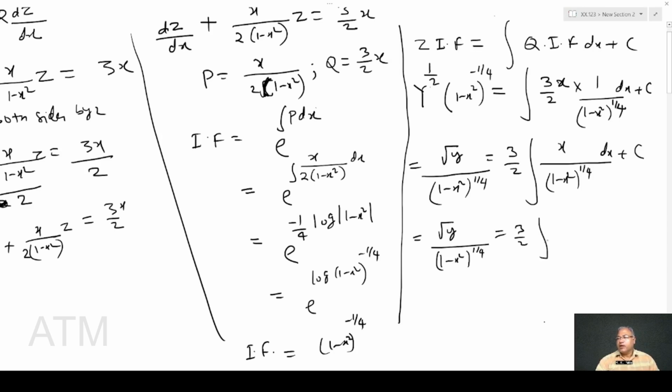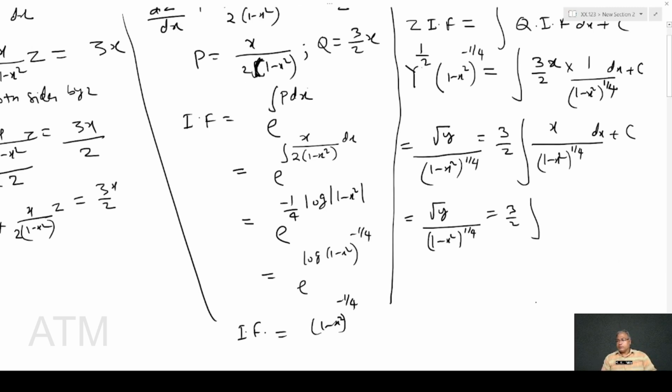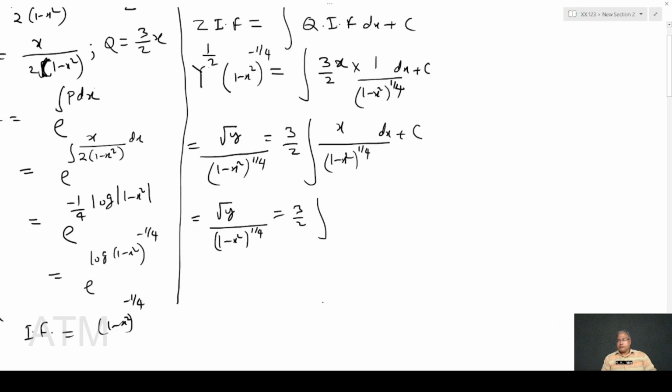Here we can go for the substitution method. So for the substitution method, let 1 minus x square equal t. So minus 2x dx equals dt. Therefore x dx equals minus 1 by 2 dt.